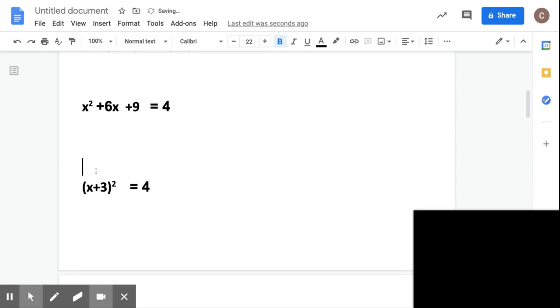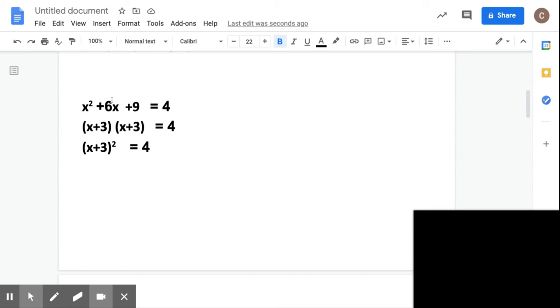Do you see how x squared plus 6x plus 9 can be factored as x plus 3 squared? Okay? If you wanted to, by the way, before you see that square, I want you to imagine that, remember, this is x plus 3 times x plus 3, which can be solidified as x plus 3 squared.